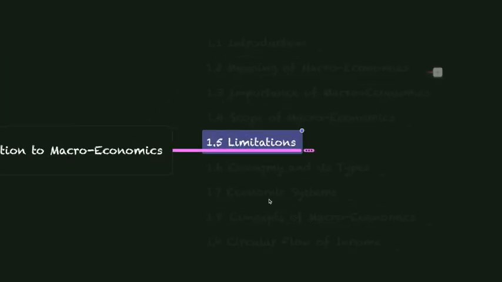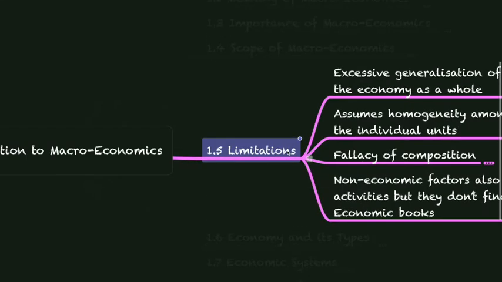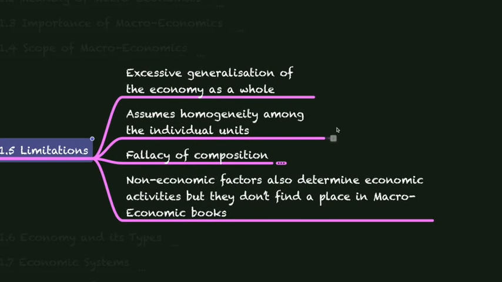Next, we are going to see what are the different limitations of macroeconomics. In limitations, what is generally found is macroeconomics tends to excessively generalize the economy as a whole, and it also assumes homogeneity among the individual units.